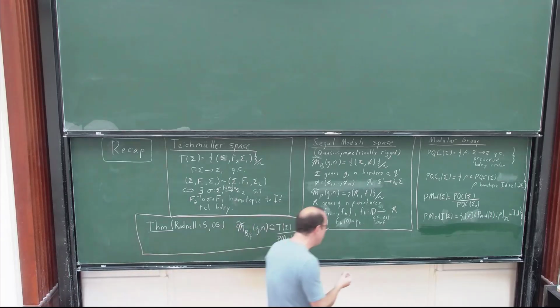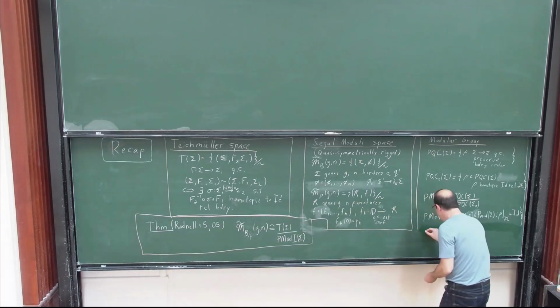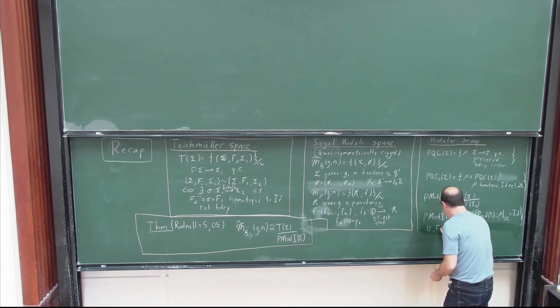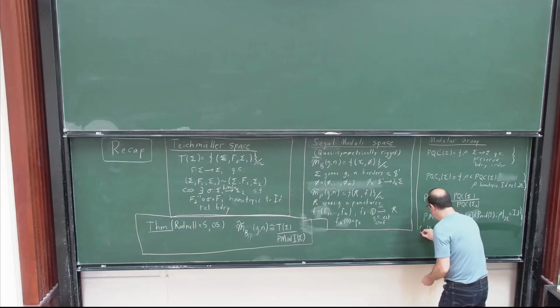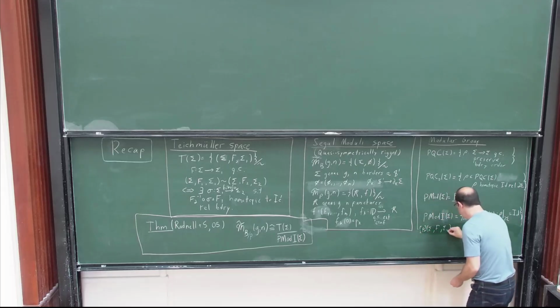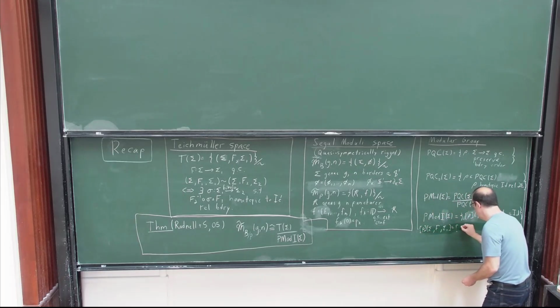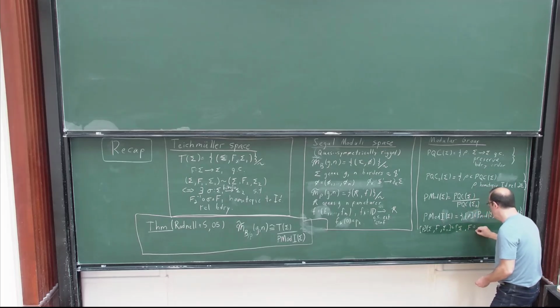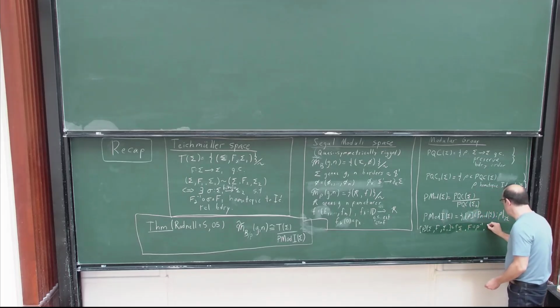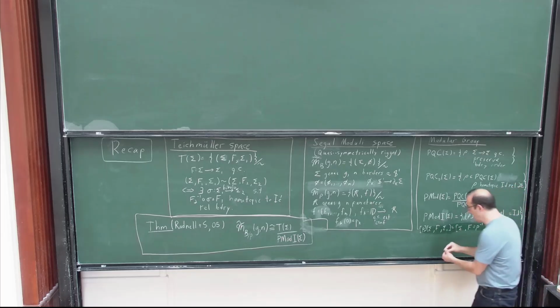So the action on an equivalence class: you just compose your mapping by row inverse. You have to put the inverse there to make an actual action, otherwise it anti-acts.